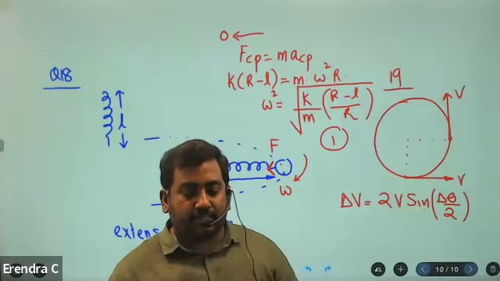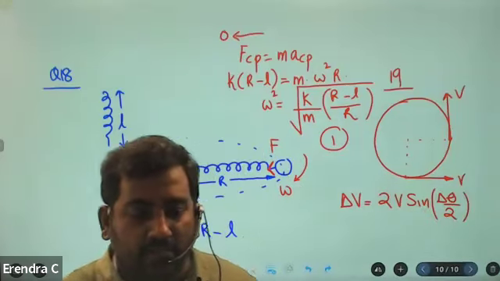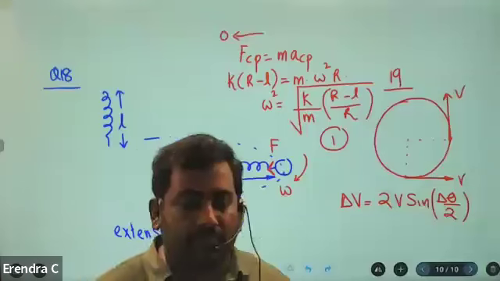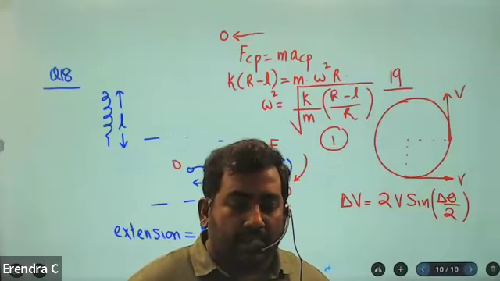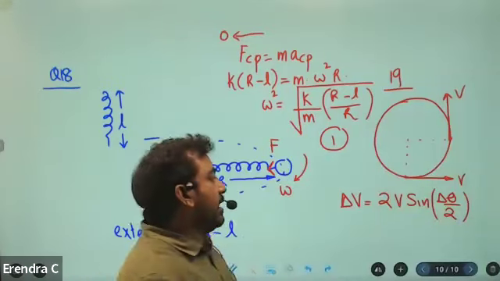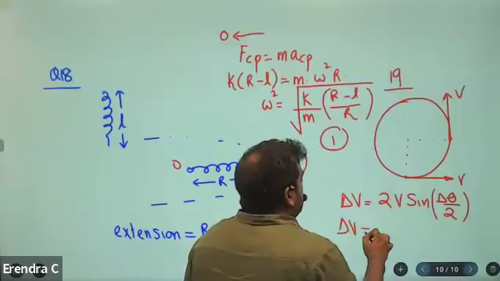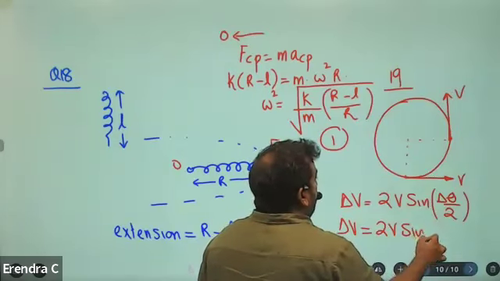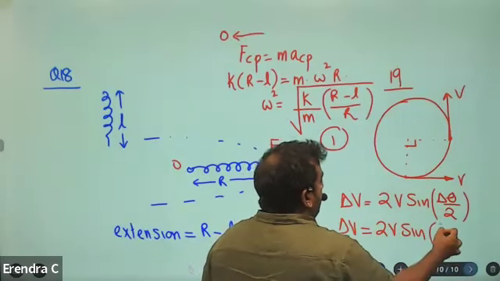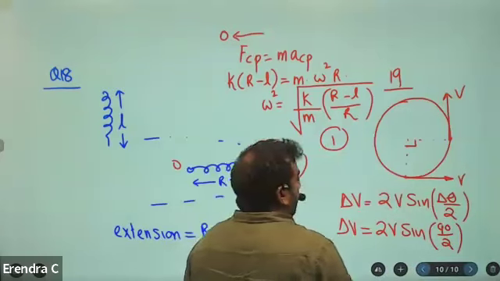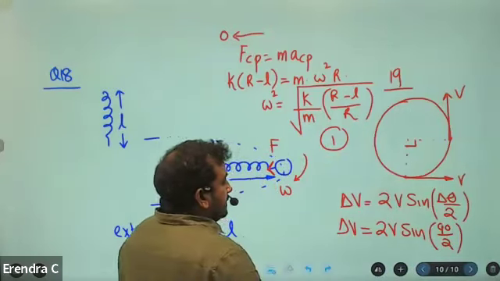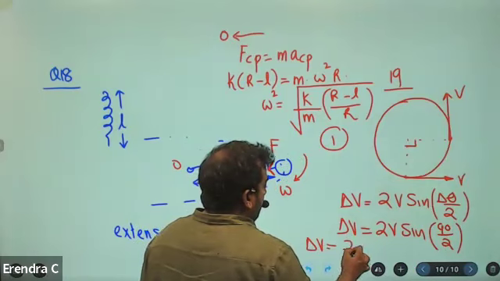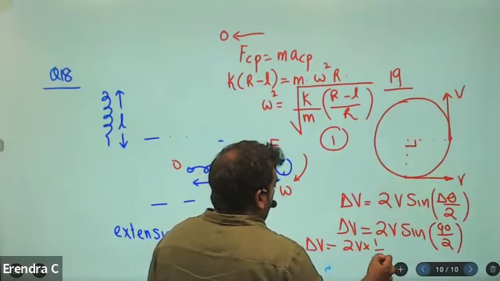Turn and see the change in velocity vector diagram. Understood? So what is your change? 2V sine, what's the angle here? 90. 90 over 2 means sine 45. Sine 45 means delta V is 2V times 1 over root 2.